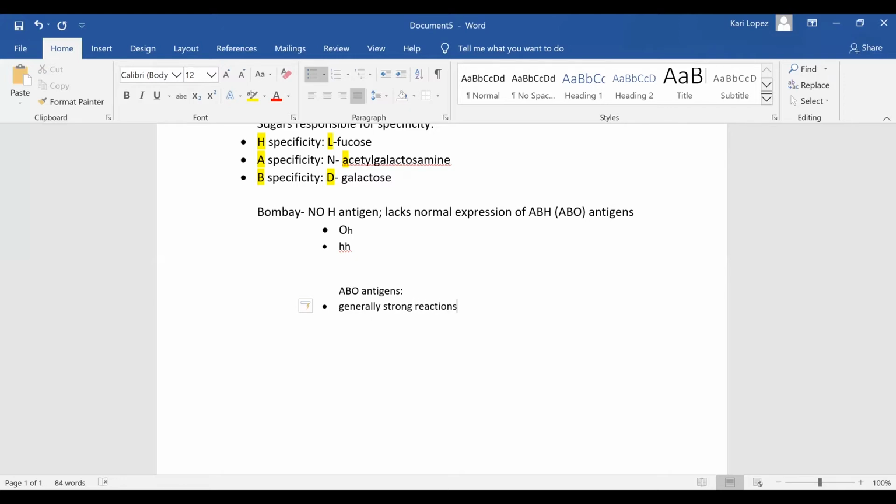What that's referring to is about 3+, 4+ reactions when you're running your forward and reverse typing. They are generally at immediate spin, and if you don't know, immediate spin is going to be your room temperature, which is about 20 to 24 degrees Celsius.